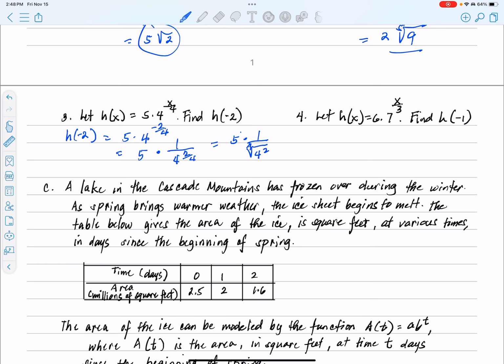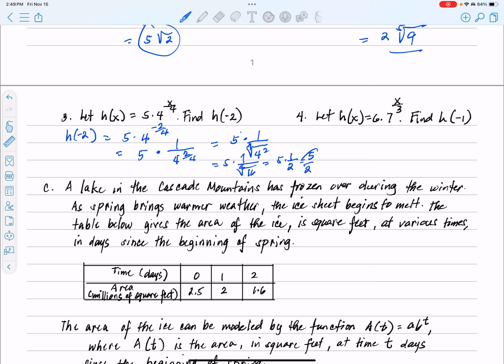So that would be 5 times 1 over the 4th root of 16. What is the 4th root of 16? That is 2, right? 2 times 2 times 2 times 2. So that equals 5 times 1 half. Your answer is 5 over 2.